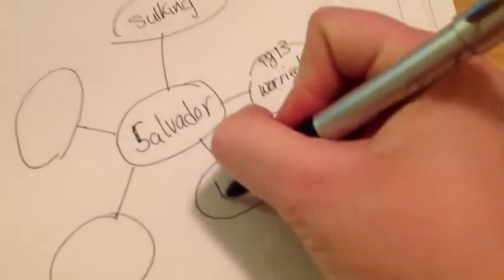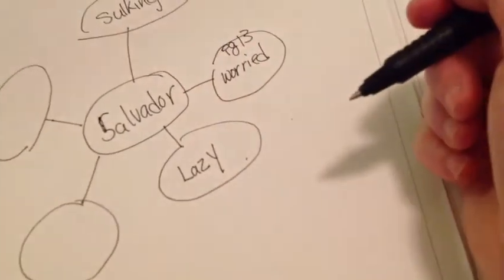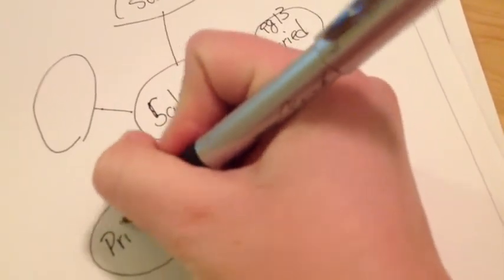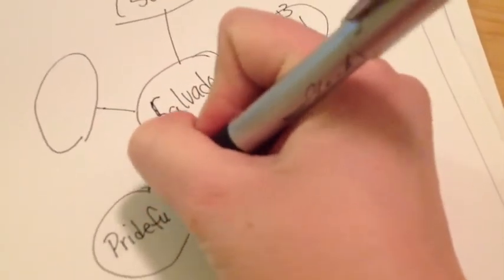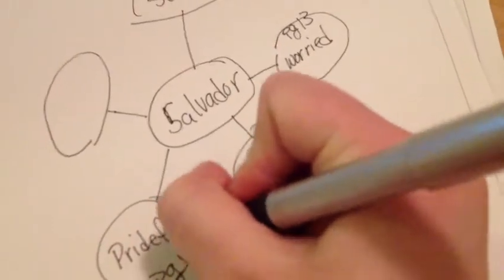So we could describe Salvador as lazy, right? Because he doesn't work, or we could say he's uneducated because he's not working. And that word boastful, that means prideful. So we're going to say prideful. And these are both from page 18. Yeah, so I'm going to cite it from page 18. Okay.